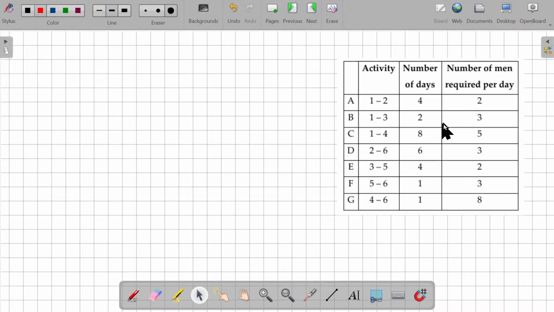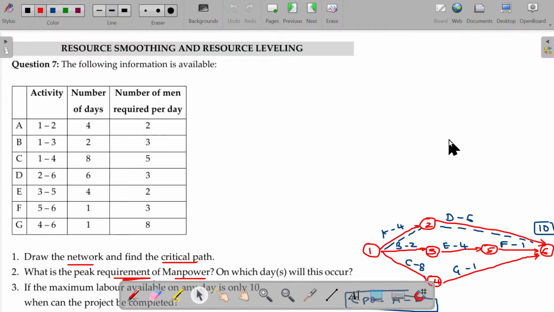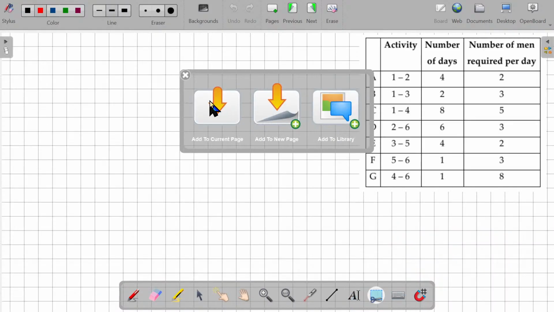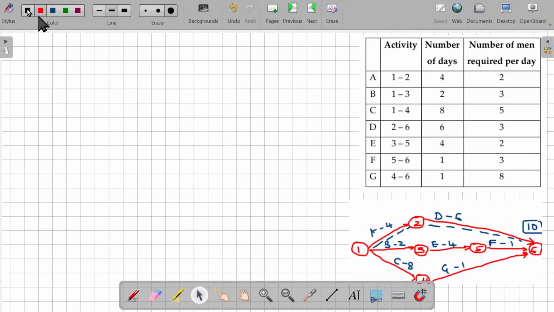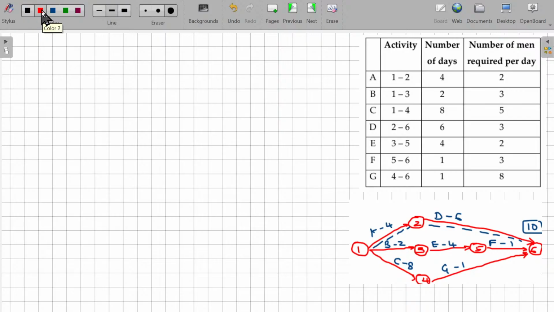I'll keep the diagram also here. So what is called a Gantt chart? Activities, and the number of days each activity requires.